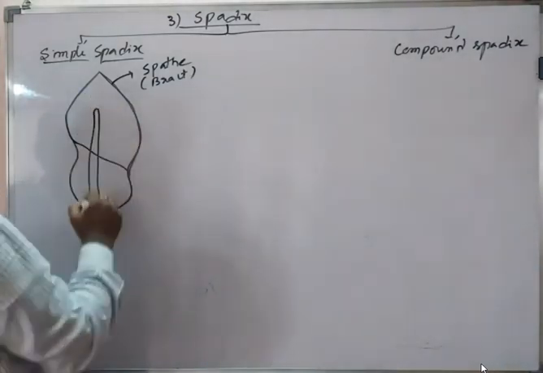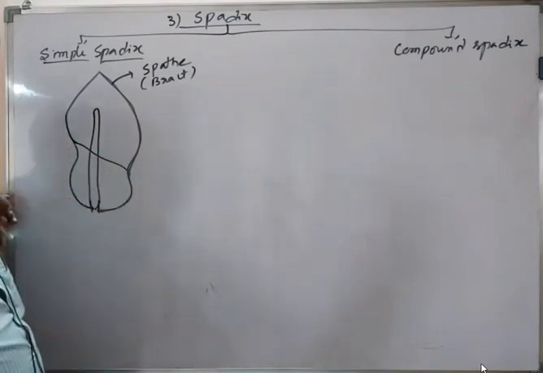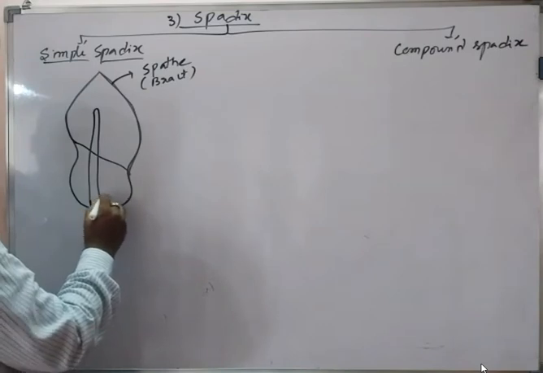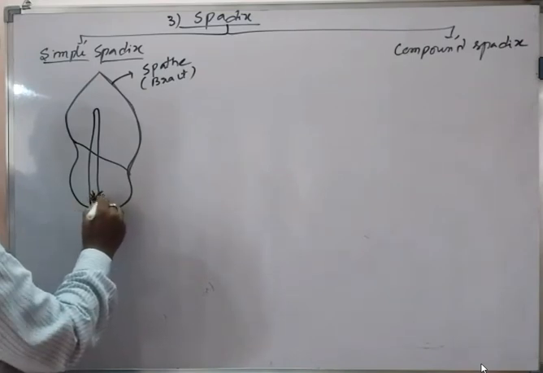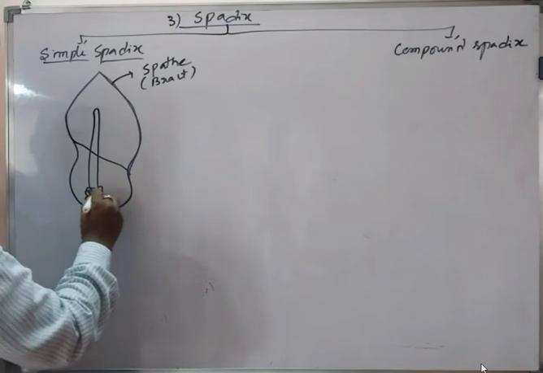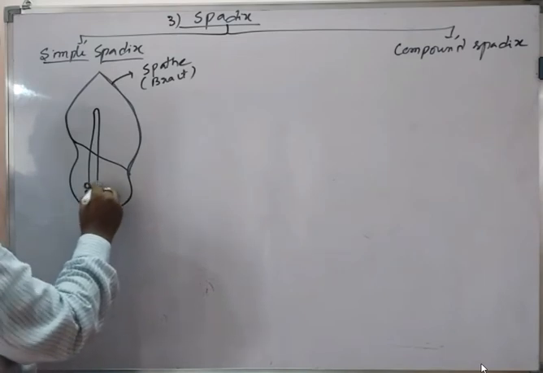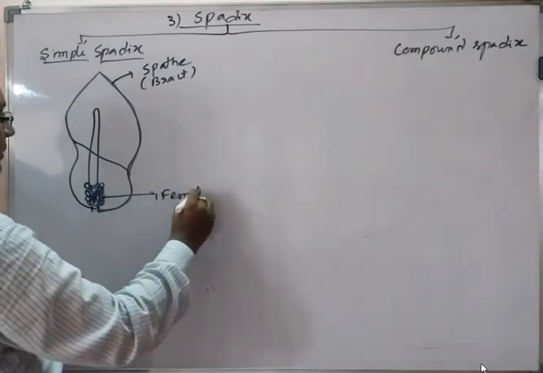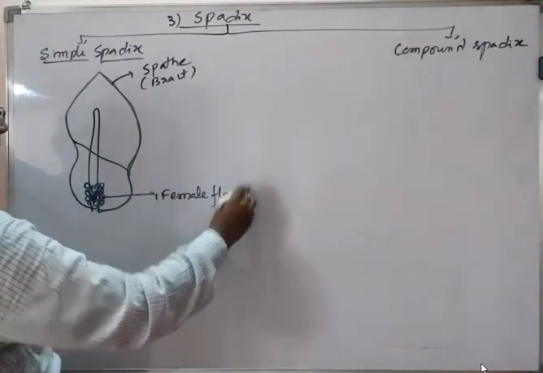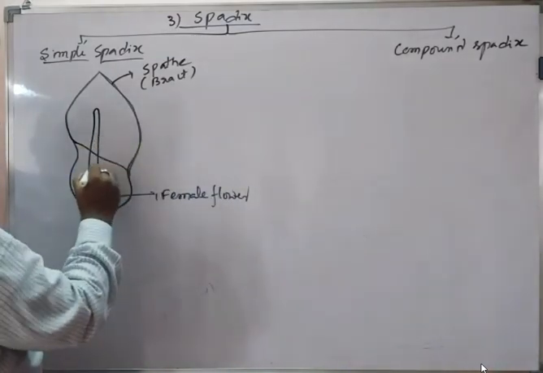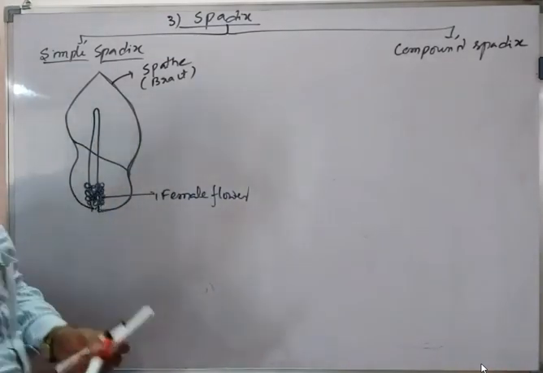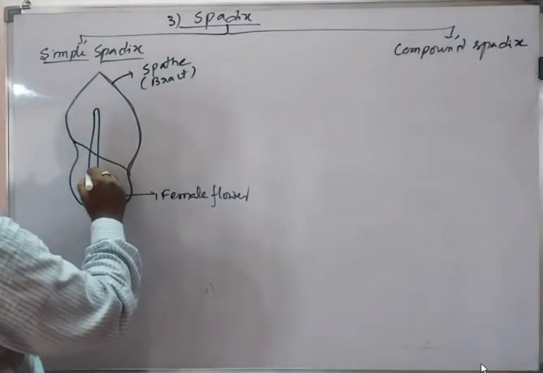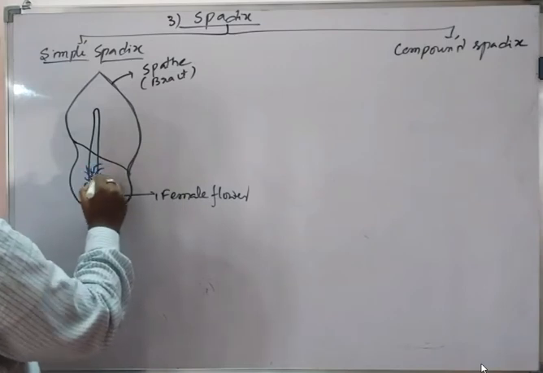The peduncle is elongated. This elongated peduncle bears three types of flowers. The basal flowers are female flowers. The middle flowers are neuter flowers.